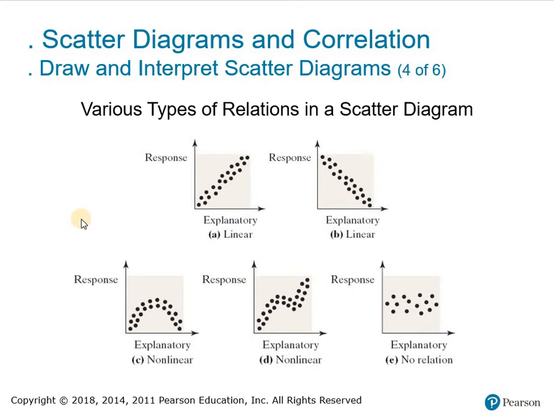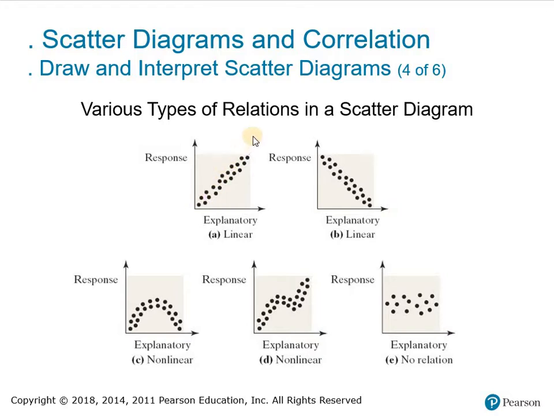After we plot the relationship between the two variables, you can see a trend in your data. A type of relationship in a scatter diagram could be the linear relationship. In a linear relationship, you'll see that the scatter diagram tends to be going in one direction. Either it's going upwards or it's going downwards.